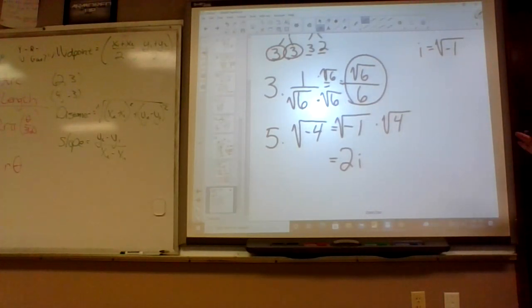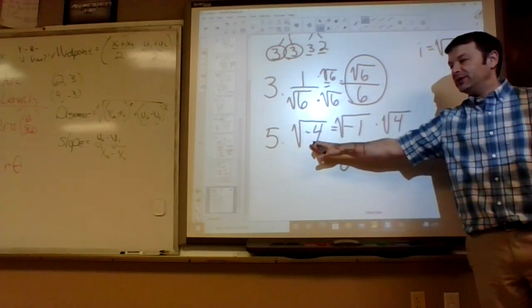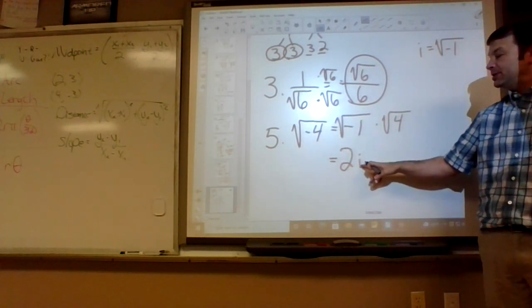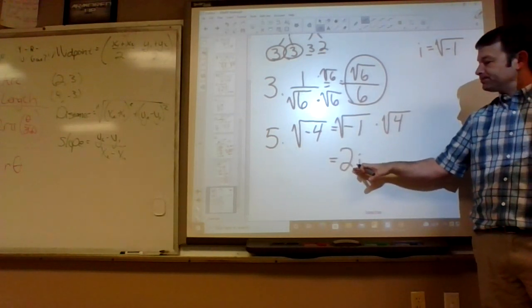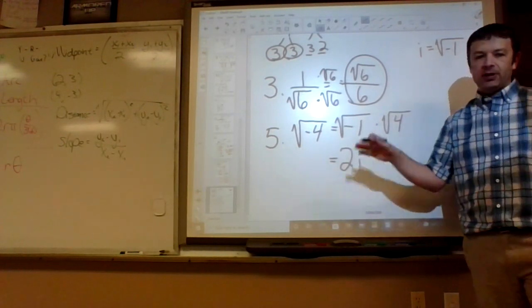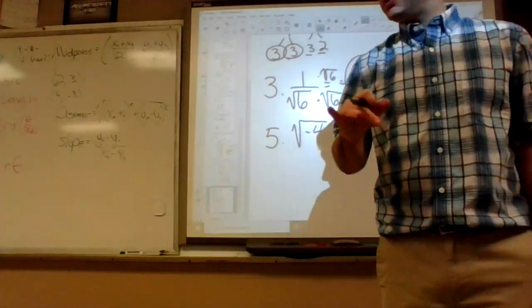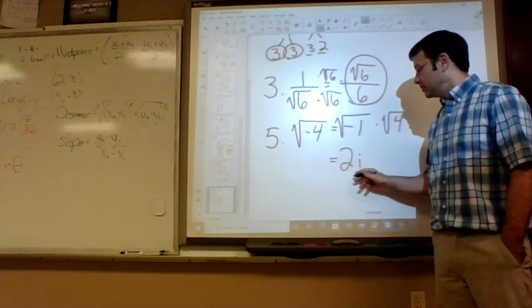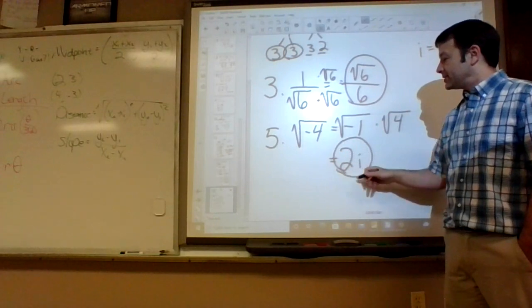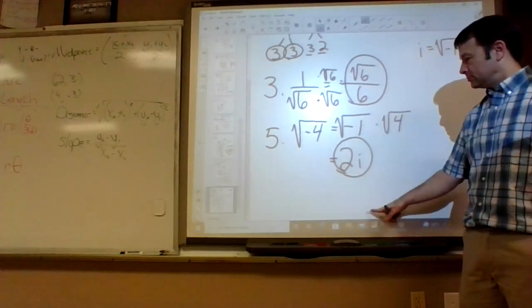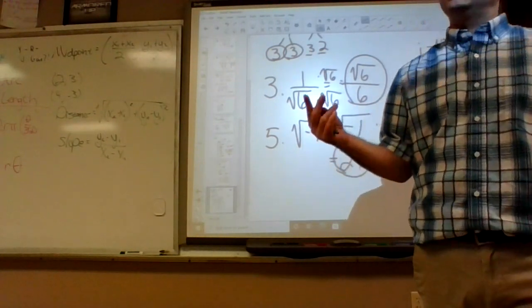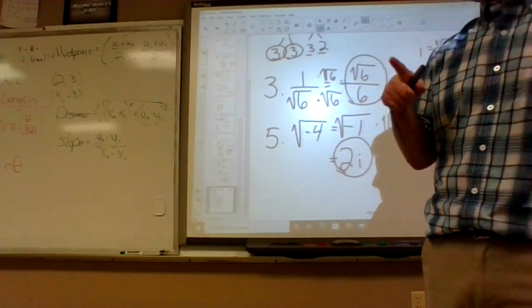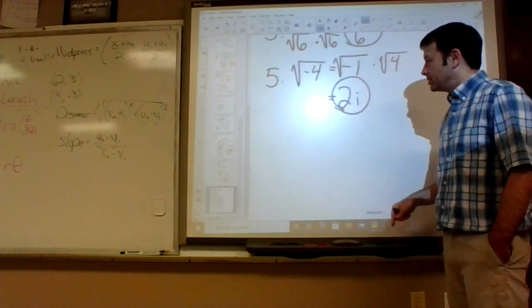Okay, but basically how it works is if you have a negative in the square root, we turn it into an i. 2i, yeah, never mind. I'm kind of getting into tomorrow's assignment. We'll talk about that more tomorrow. Alright, anyways, that's it. So square root of 4 is 2. Square root of negative 4 is 2i. The end.